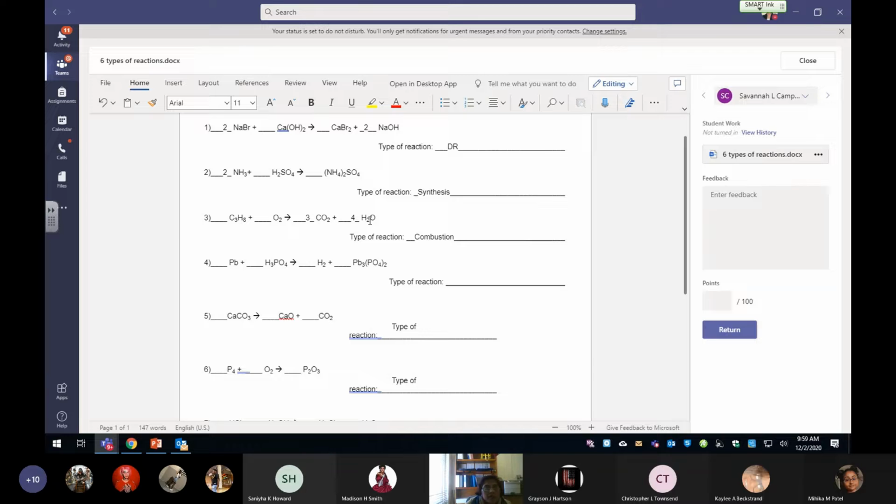So now let's count, hydrogen is 8, that is balanced, but now let's count the oxygen. 4 oxygen, 3 times 2 is 6, 6 plus 4 is 10, but you have only 2. So what will you put in front of oxygen? 5. So that will make it 10. So now your equation is balanced.